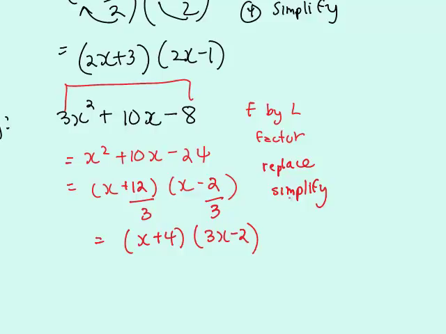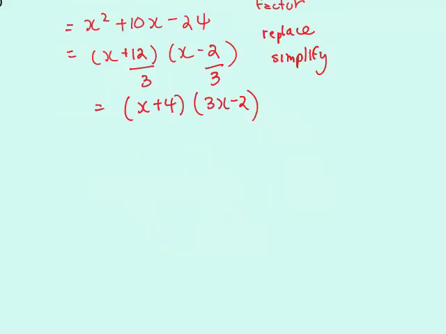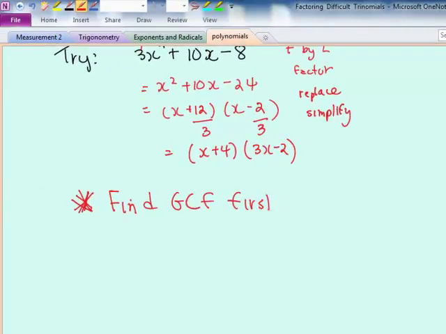FFRS. Now the only thing to watch, and I'm going to put a star here when we're doing factoring: if you can find the GCF, find the GCF first. Otherwise, this method won't work.